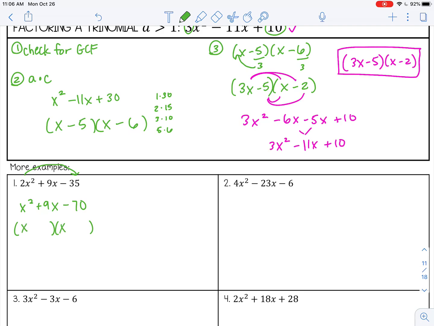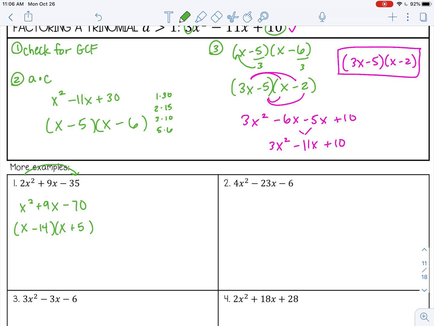70. I'm just going to take my calculator and start dividing instead of listing all those out, because that's going to take forever. 1 times 70, that's not going to give me anywhere near 9. 2 times 35, not anywhere near 9. 70 divided by 5, 14 and 5. That would work. They just both need to be negative. -14 and -5, that's not going to work actually.